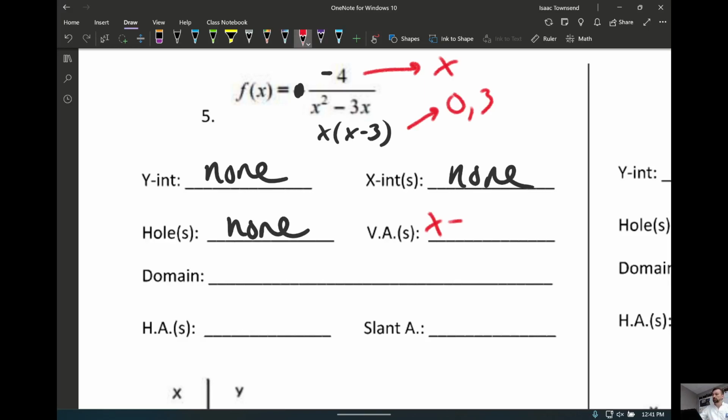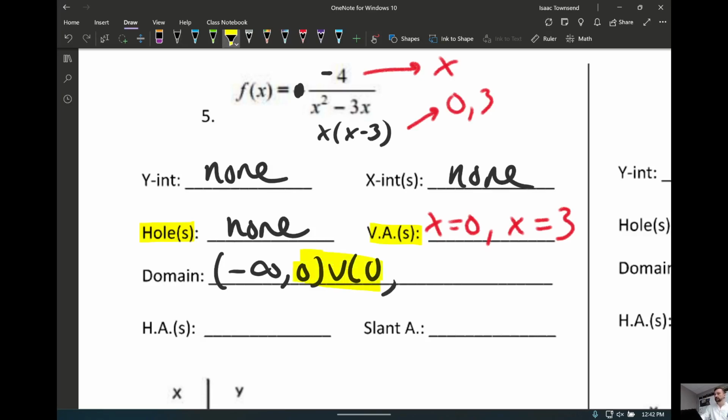But there's two numbers that make just the denominator 0. So those will be vertical asymptotes. Vertical asymptotes and holes need to be taken out of the domain. So I need to skip 0, and then skip 3.